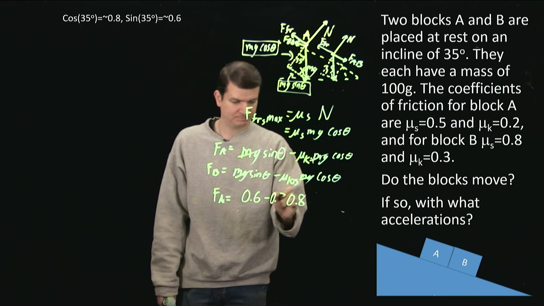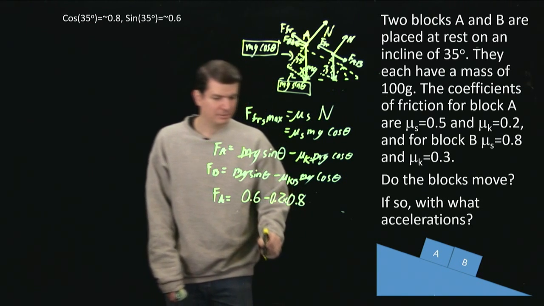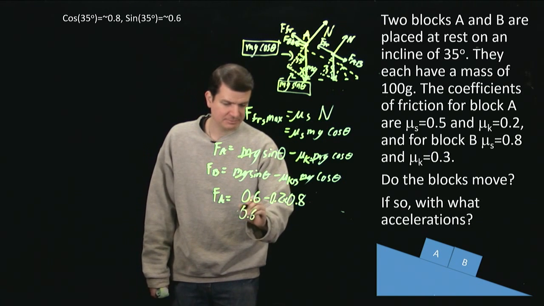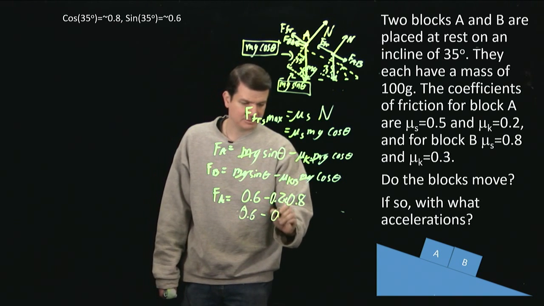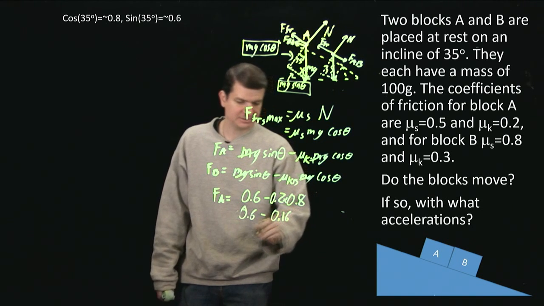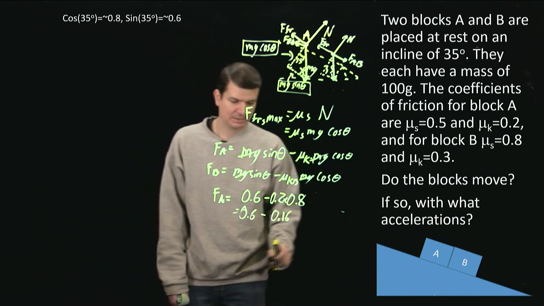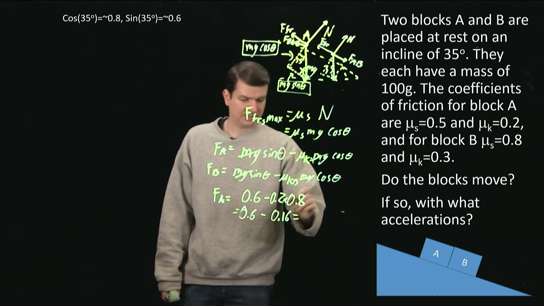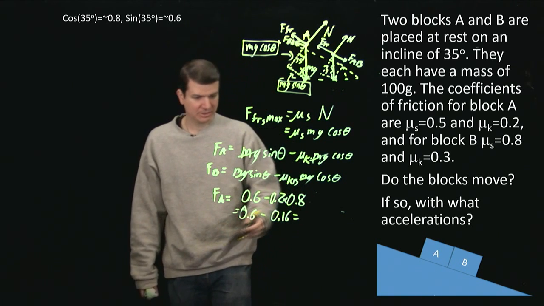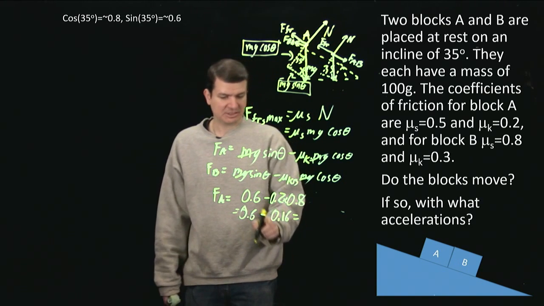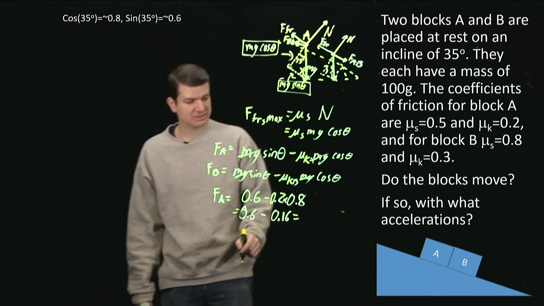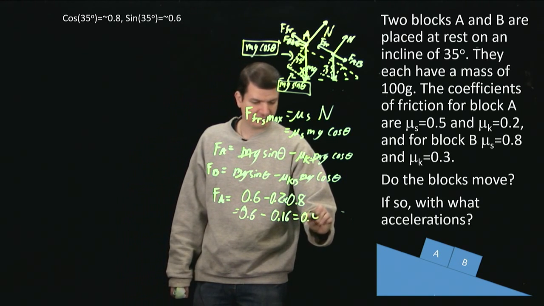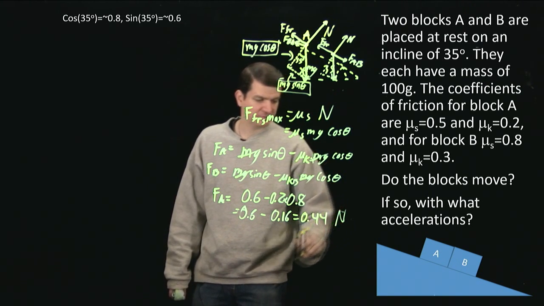So that's 0.6 minus 0.16, and taking that off gives us 0.44 newtons of force.